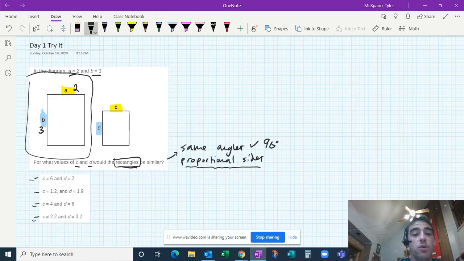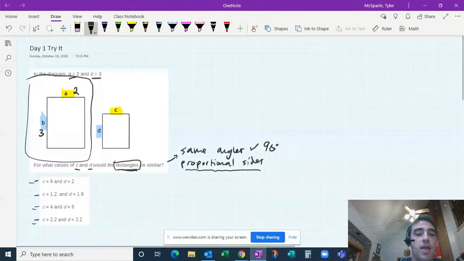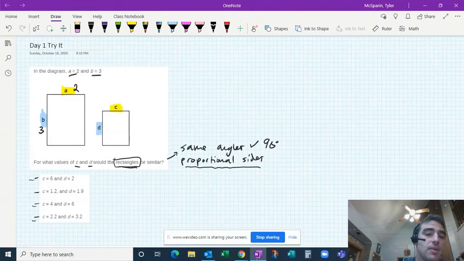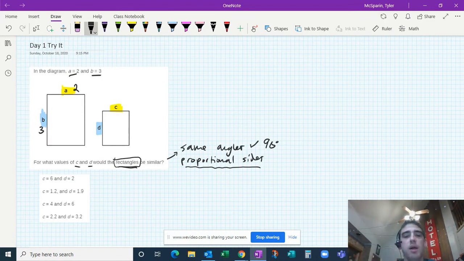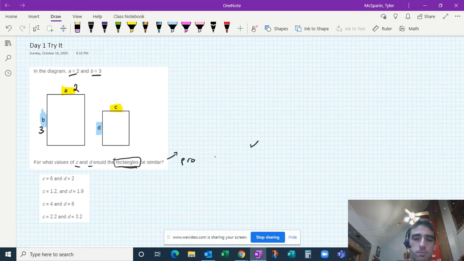We'll have to do fewer fractions, and that'll go a little bit faster. So let's do that. Oh man, sorry guys, I can't hit the right button. It's this little bitty button, so small. All right, so let's erase this thing about proportional sides.